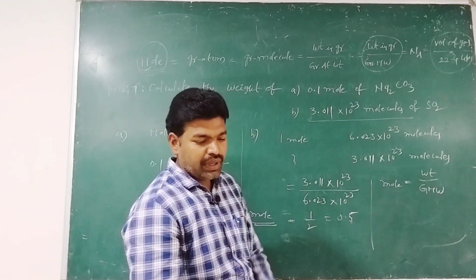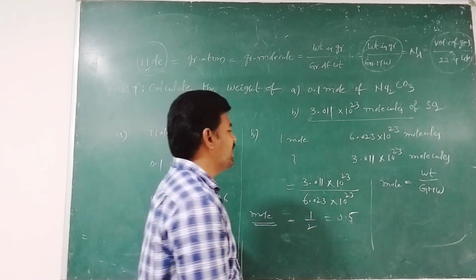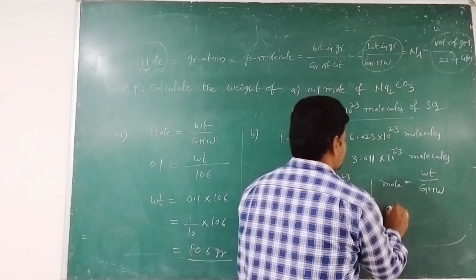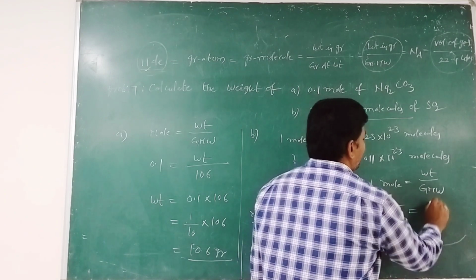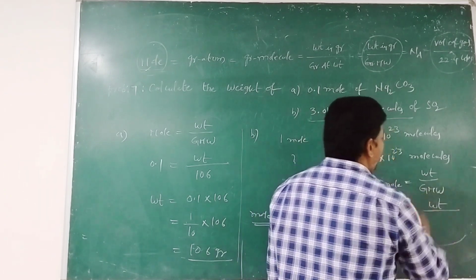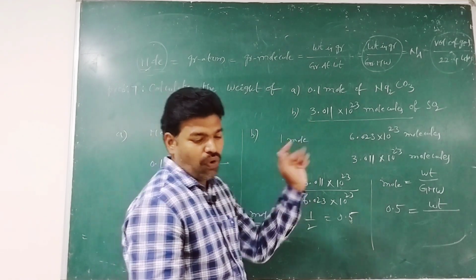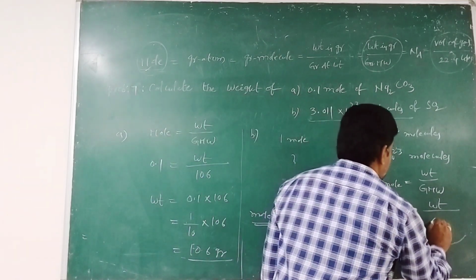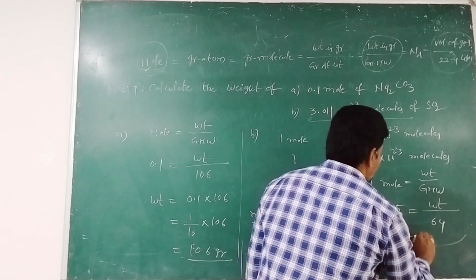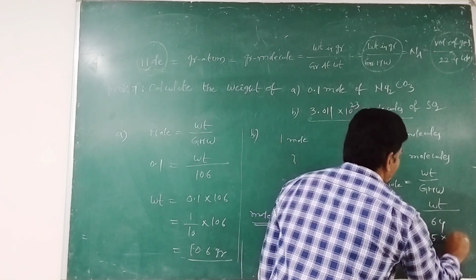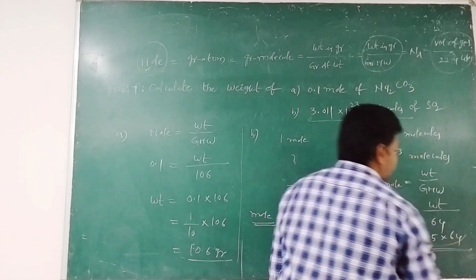So the number of moles is 0.5 and the gram molecular weight of SO2 is, I think, 64. So weight is equal to 0.5 into 64.